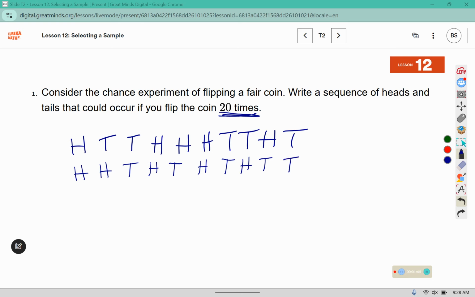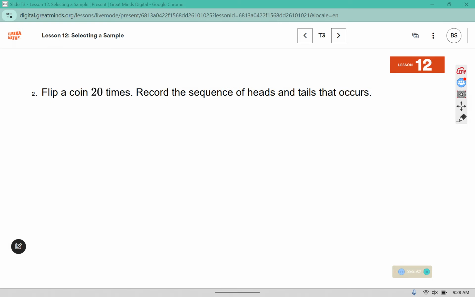And so we've just created a list. This is a prediction of what might occur. But in problem 2, we're going to actually flip a coin and record the sequence of heads and tails that does occur.